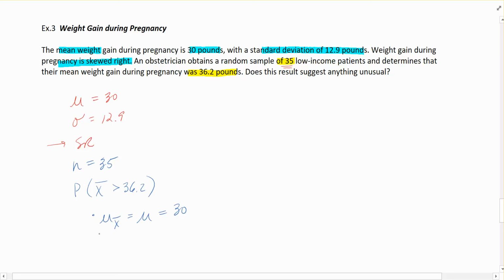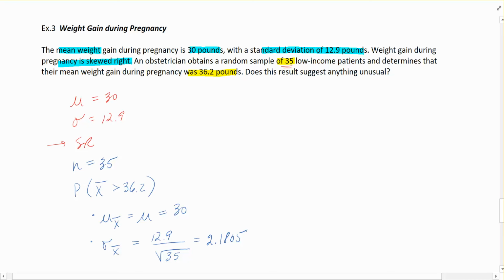The standard deviation of the sample comes from the standard deviation of the population, 12.9, divided by the square root of the sample size, which is 35. Plugging this into my calculator, 12.9 divided by the square root of 35 is 2.1805.